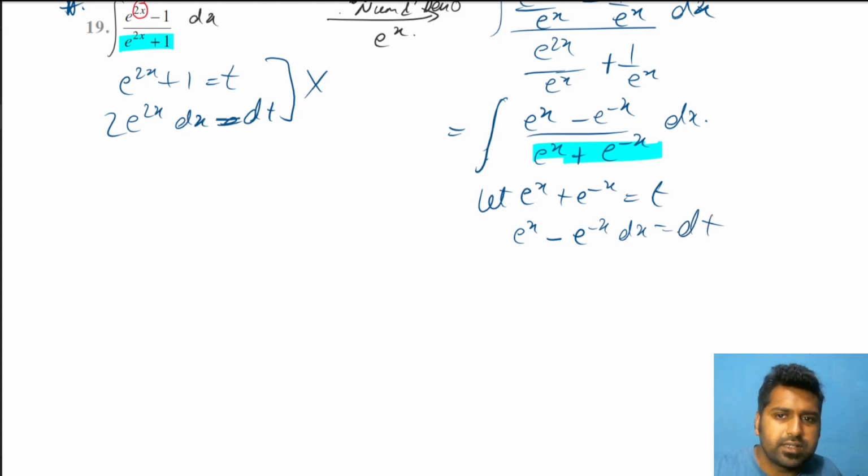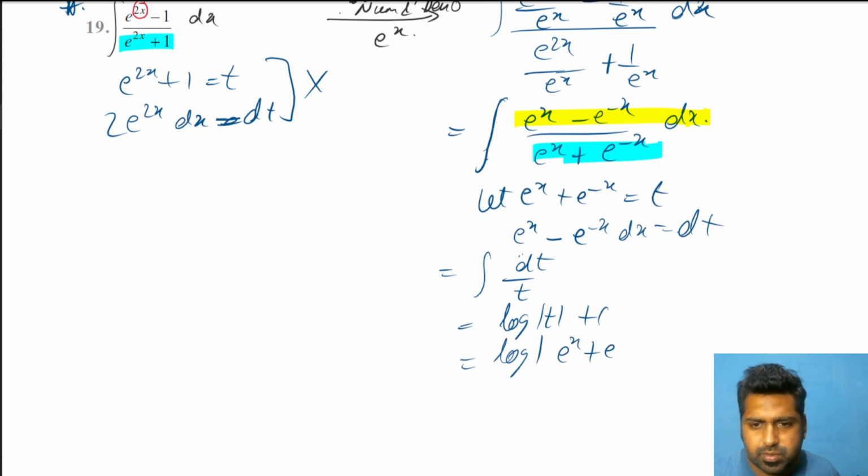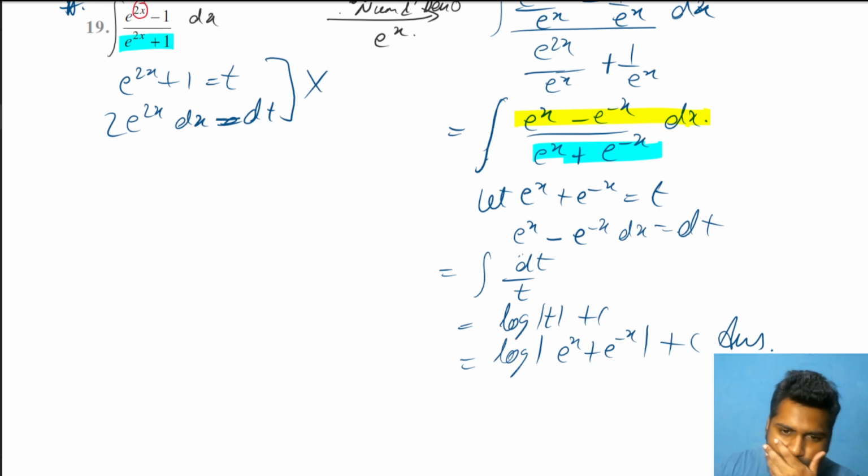That is present here as dt, so it becomes integration dt by t, which is log mod t plus c, log mod e raised to power x plus e raised to power minus x, plus c. That's the answer.